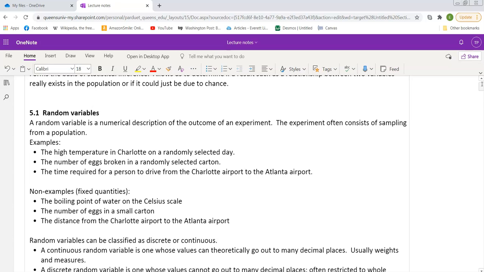Usually in this class, when we talk about a random variable, it's something like, we randomly selected 50 days in Charlotte, and we measured the high temperature. Those 50 days are 50 values of a random variable.